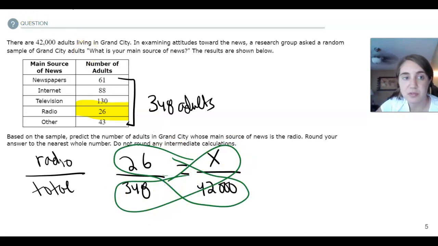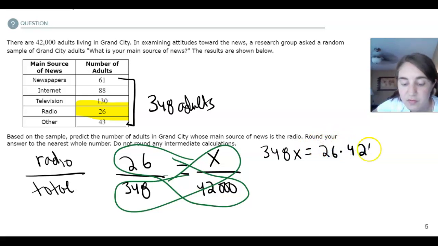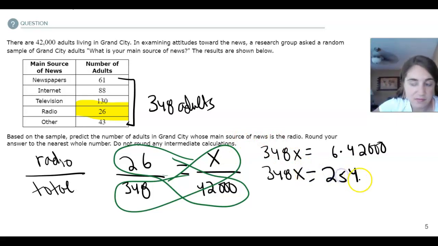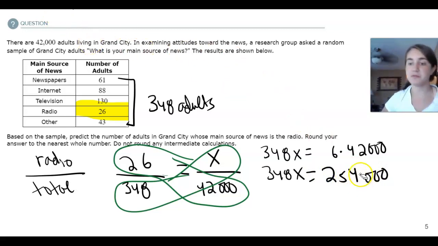So then we cross multiply. And we still need to isolate x. Sorry, that should be a 52.